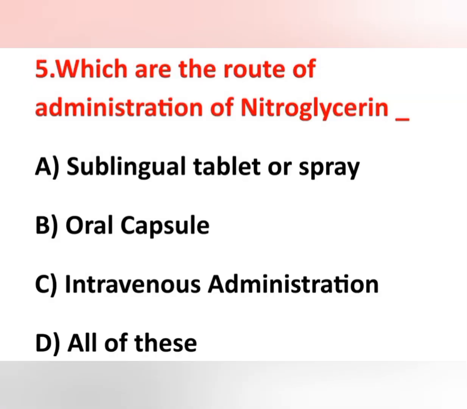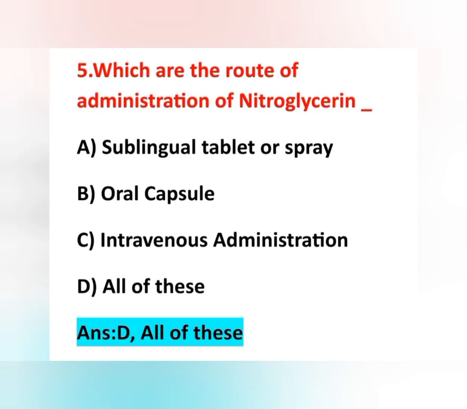We'll see next. Fifth question, which are the routes of administration of nitroglycerin? The options are option A sublingual tablet or spray, option B oral capsule, option C intravenous administration, and option D all of this. The correct answer is option D, all of this.